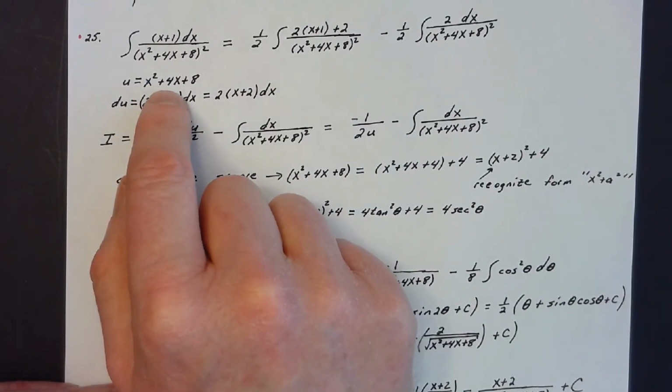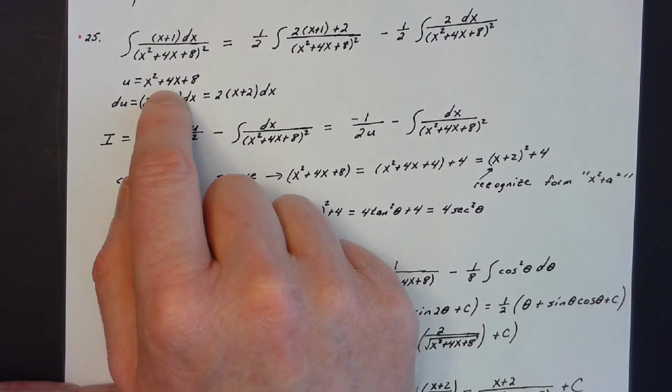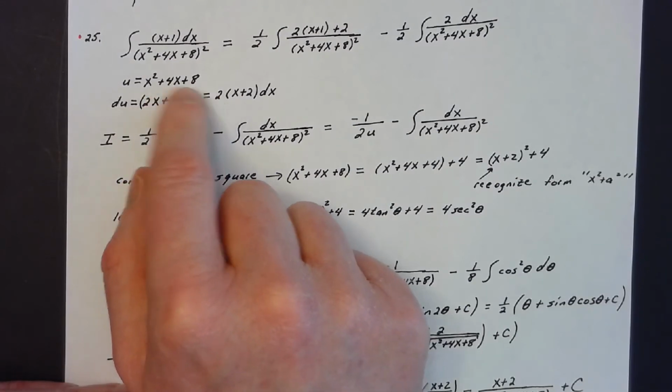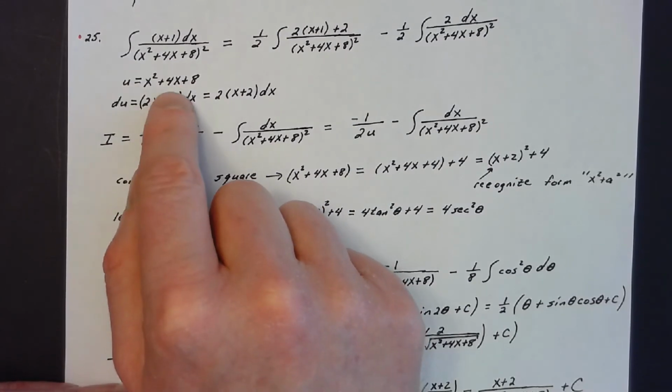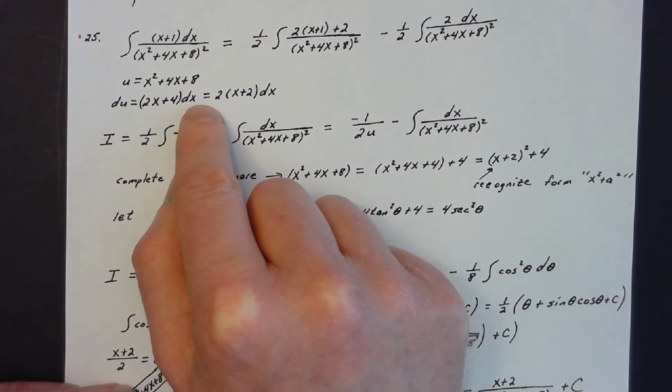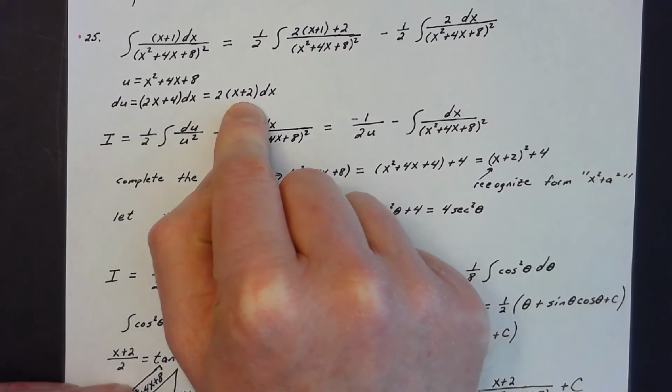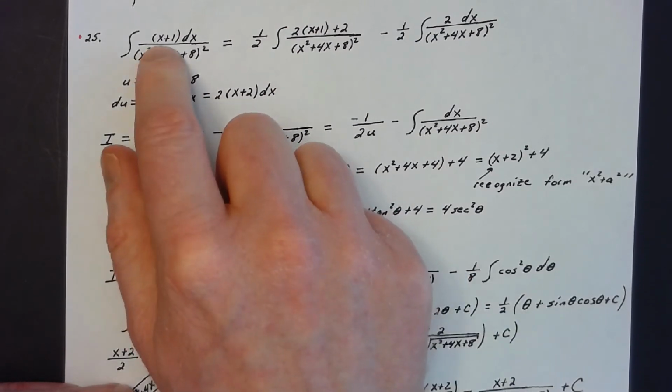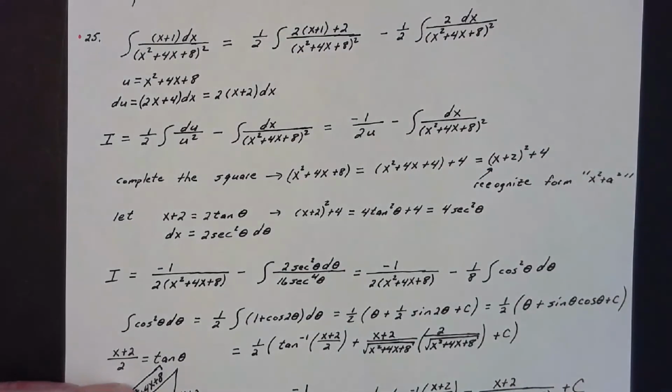I said, if I let u equal x squared plus 4x plus 8, its derivative would be 2x plus 4. And I know 2x plus 4 is the same thing as 2 times x plus 2. Well, my numerator was x plus 1. That's very close to what I needed. So here's what I did in this problem.